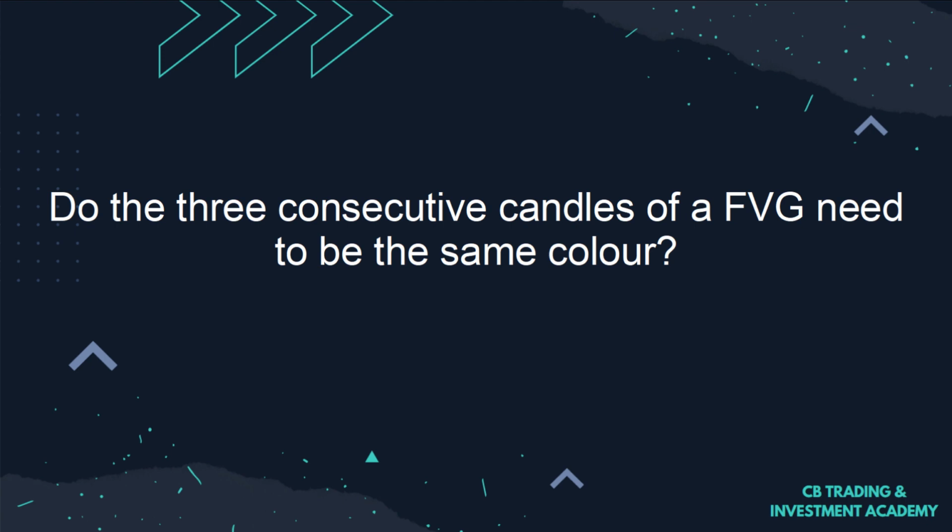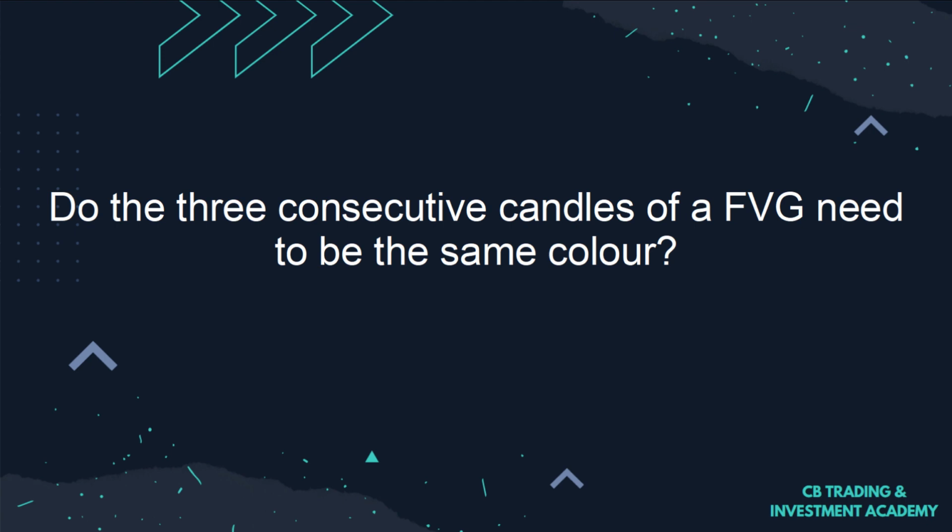That's debatable. People say, well, if you have a bearish FEG, the candles have to be red, because that's a better FEG, and when it's a bullish FEG, they have to be green for it to work perfectly. But nothing works perfectly. That's facts.